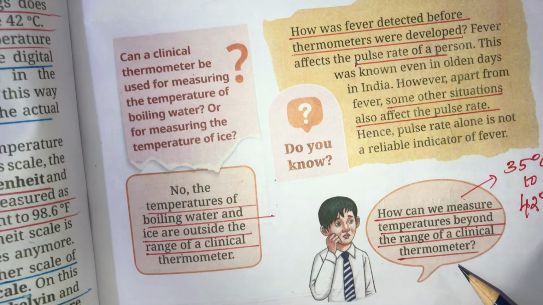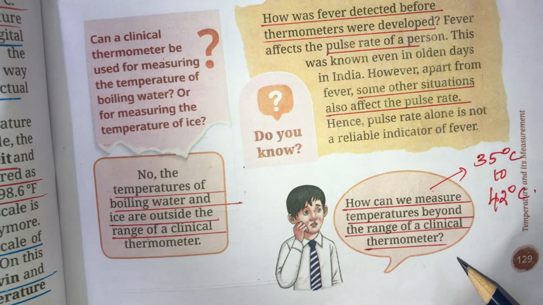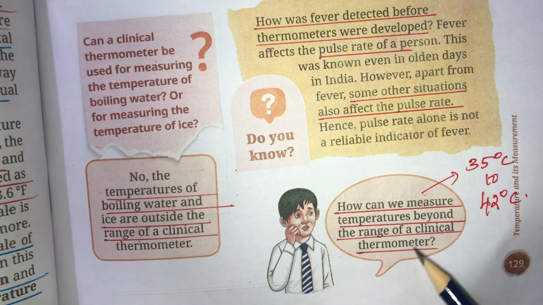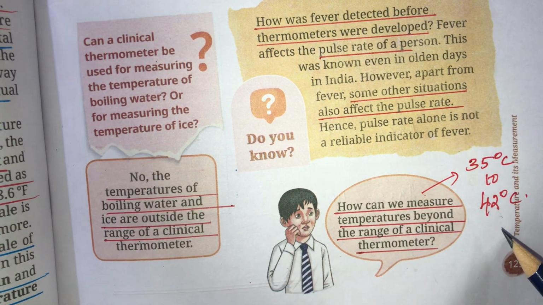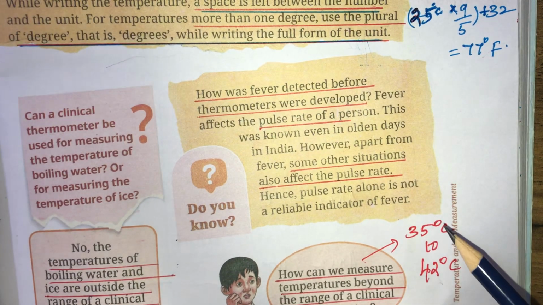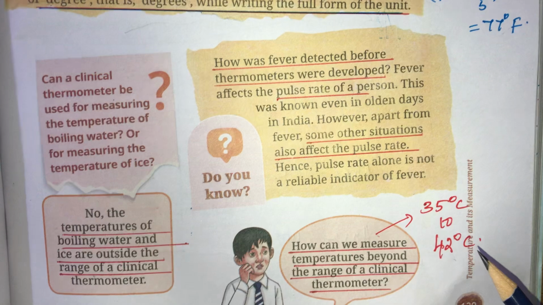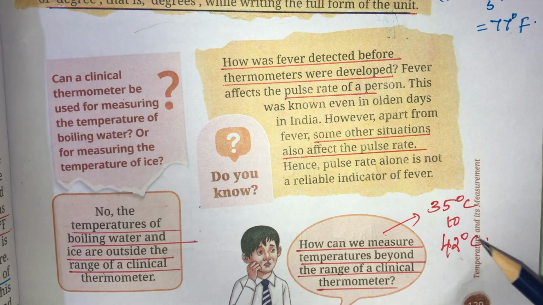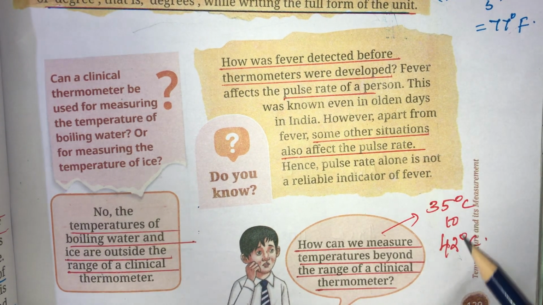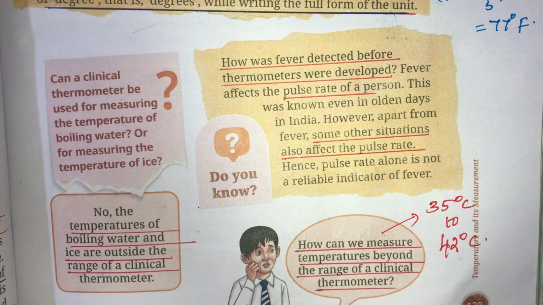How do we measure temperatures beyond the range of the clinical thermometer? The clinical thermometer has a scale between 35 degrees Celsius and 42 degrees Celsius. So we can measure temperatures between 35 and 42 degrees Celsius using a clinical thermometer. Can we measure the temperature of boiling water using a clinical thermometer? It is not possible, as it has a range of 35 to 42 degrees Celsius.